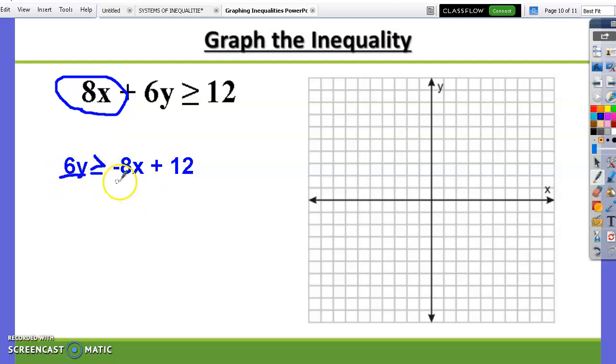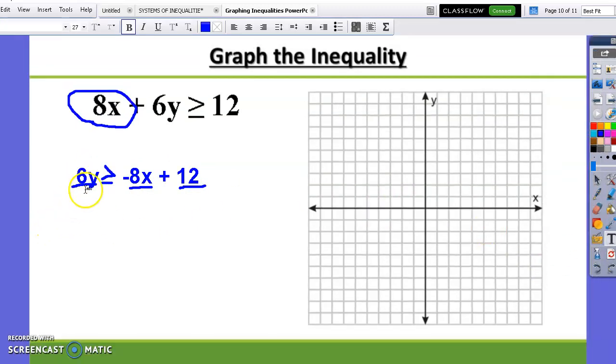That's not the case here. So I have to divide every single one of these terms by 6. So 6y divided by 6, negative 8x divided by 6, and positive 12 divided by 6. When we do that, y is by itself.